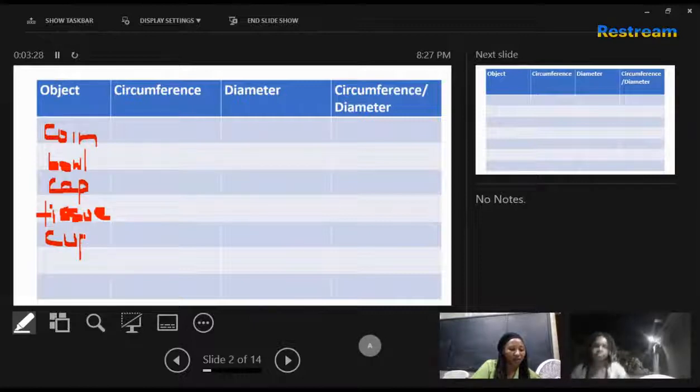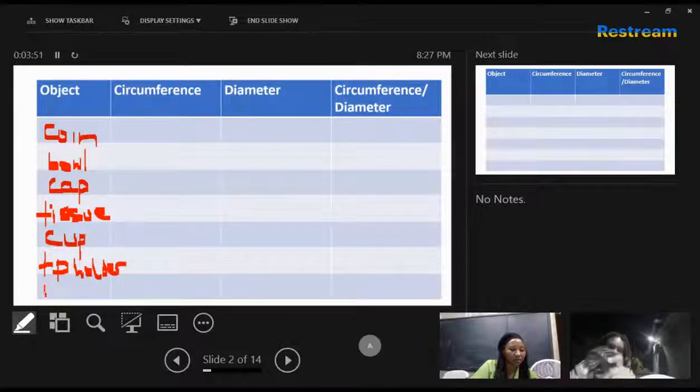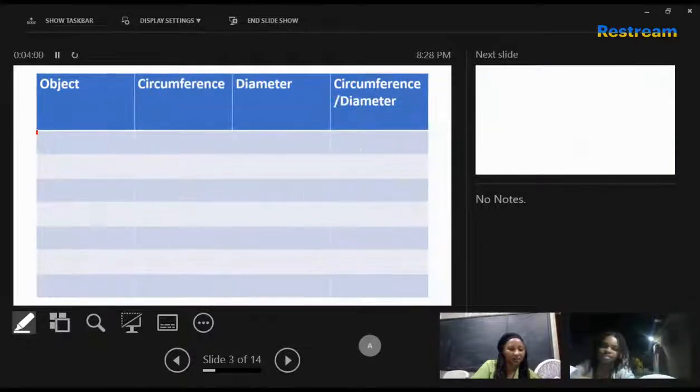Imani, what do you have? Miss, I have a toothpick holder, a medicine cup, the wheel of this toy, and the cover for this Lysol bottle. So Lysol cover.